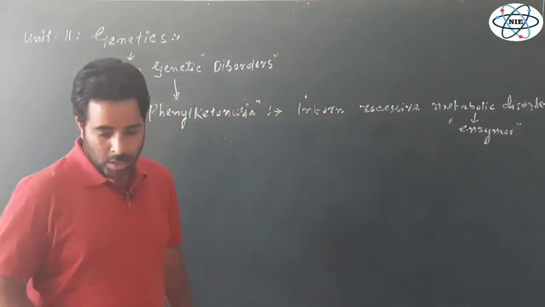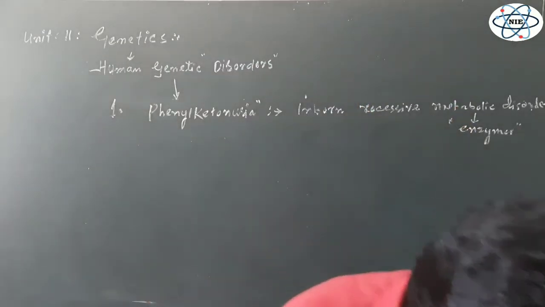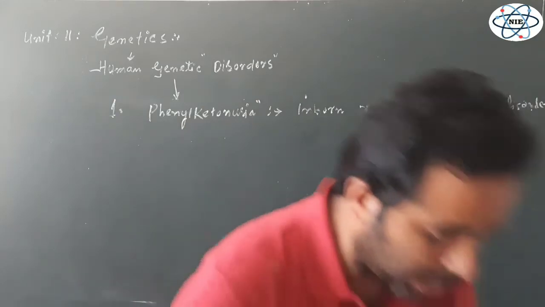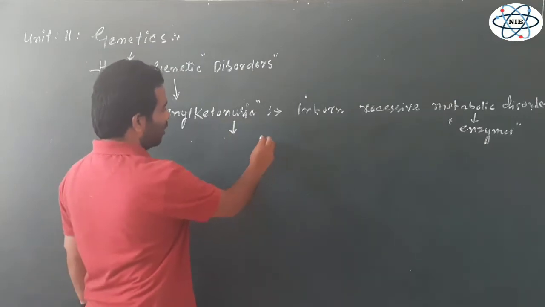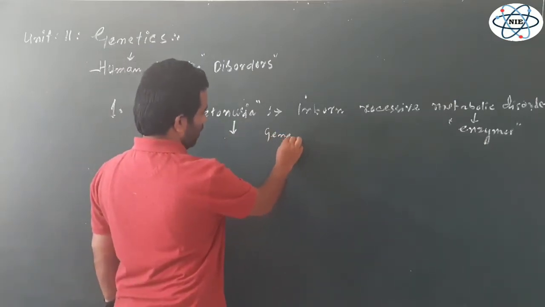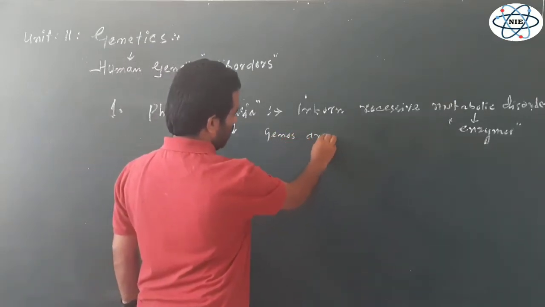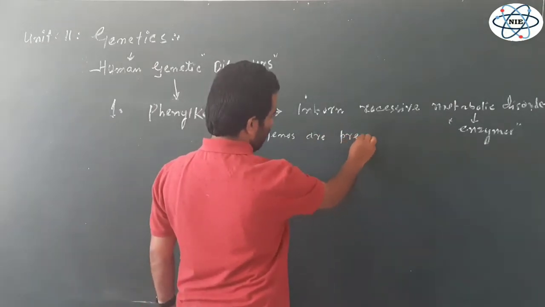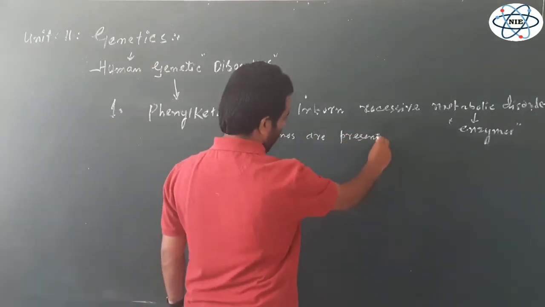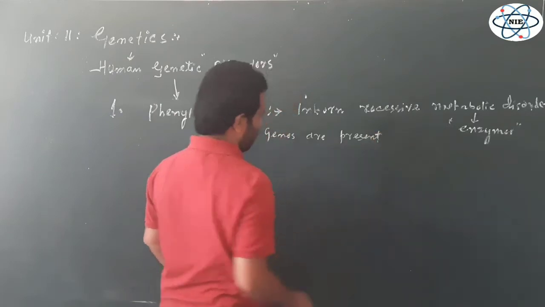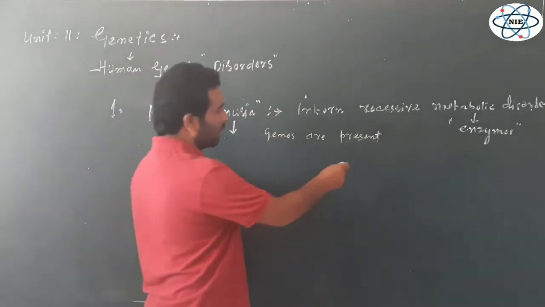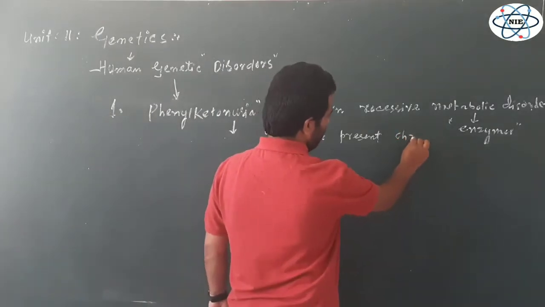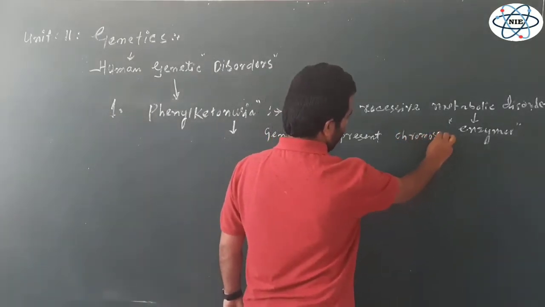Now, so far as the genes of this trait are concerned, the genes for this trait are present on autosomes obviously. Now which autosome? The genes of this character are present on chromosome number 12.